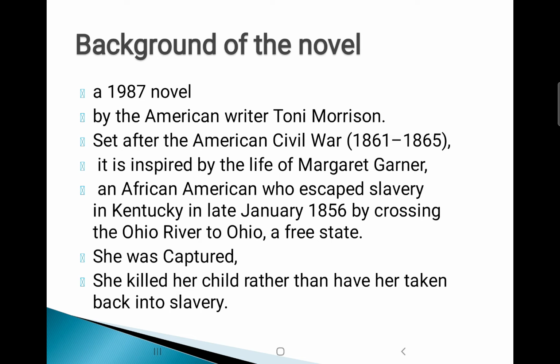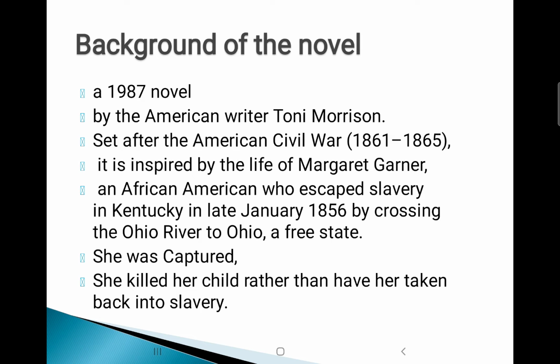As per this slide, as you can see from the beginning, Beloved is a 1987 novel by the American writer Toni Morrison. It was set after the American Civil War, which happens to be between 1861 to 1865. It is inspired by the life of one Margaret Garner.